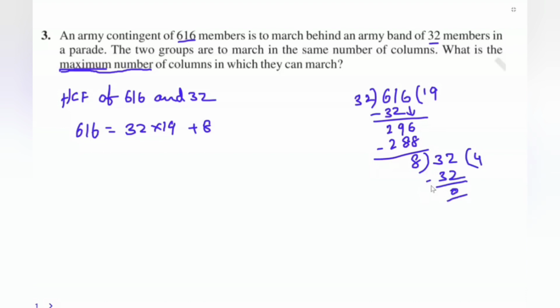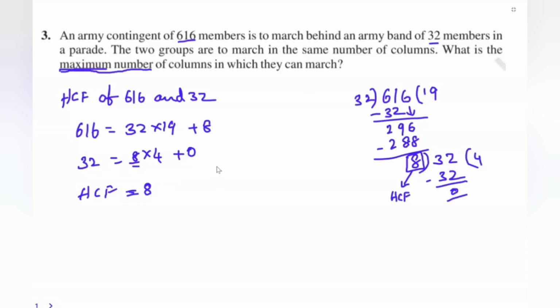Where you got 0 remainder at this stage, this is our HCF. So, we can write the second step as 32 = 8 times 4 plus 0. Next, we will write, therefore, HCF is this number, 8, the divisor at the last step. So, HCF of 616 and 32 is 8.